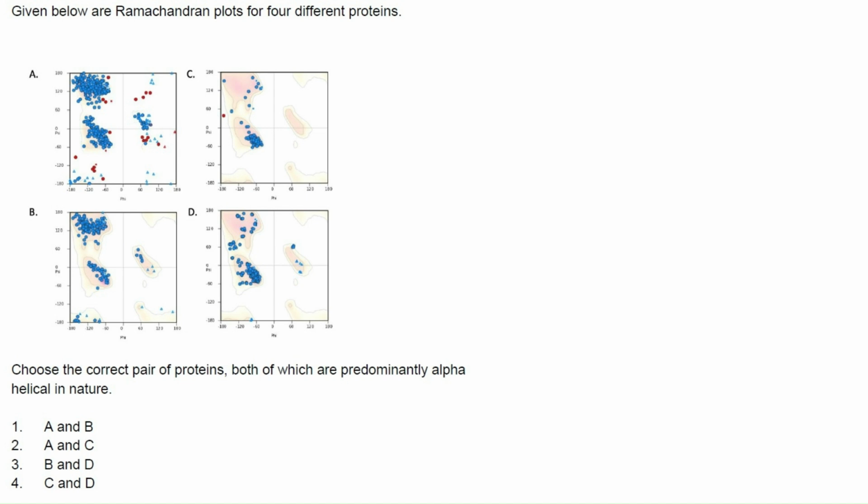So, to know this answer, you have to first know what are the common phi and psi angles for different secondary structures of the proteins like alpha helix and beta sheets. Now, these angles are determined experimentally, and you'll just have to remember the ranges of these angles.